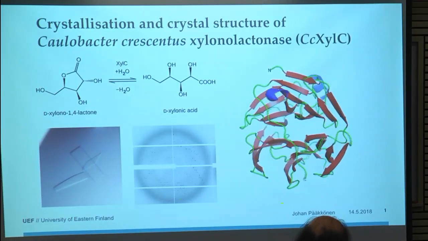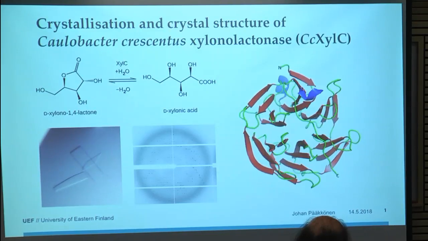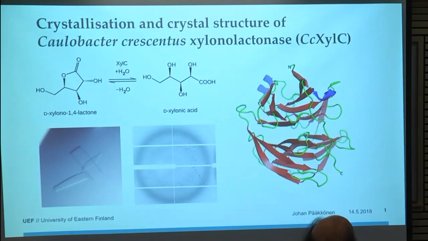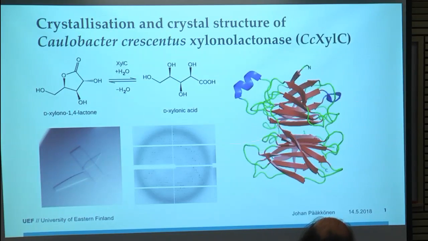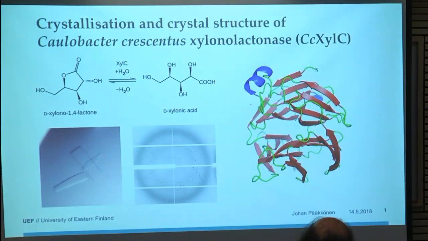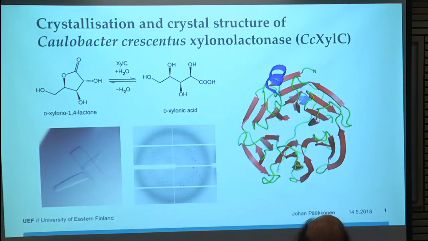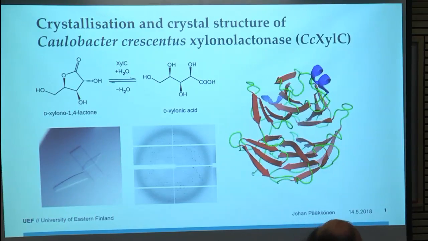Using molecular replacement with a homologous gluconolactonase, I've been able to solve the structure, and the tertiary structure is a beta propeller in which there's a metal binding site and the active site in the tunnel.